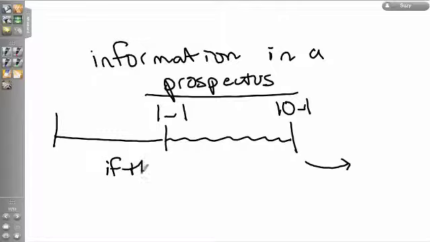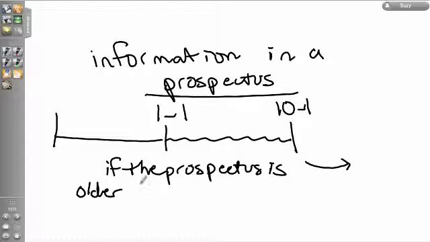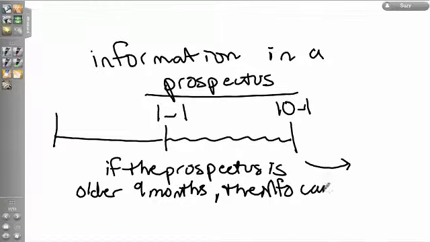So if the prospectus is older than 9 months, which is very common, the information in the prospectus can't be more than 16 months old.